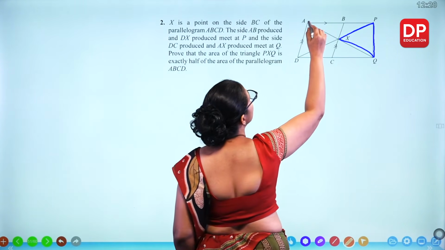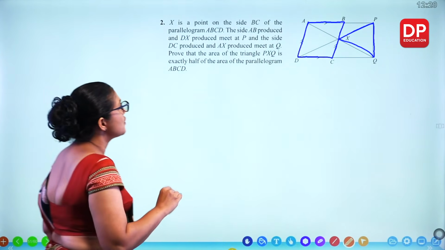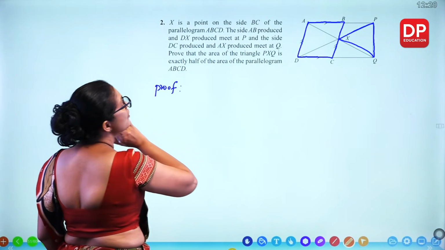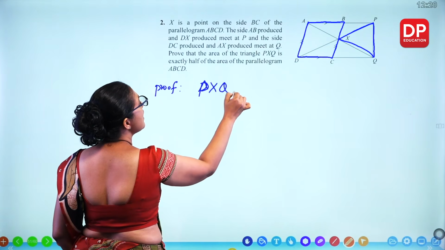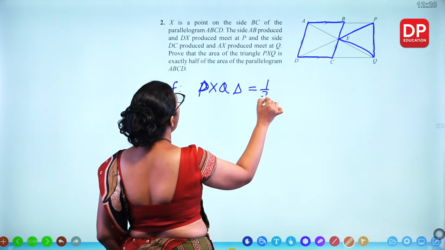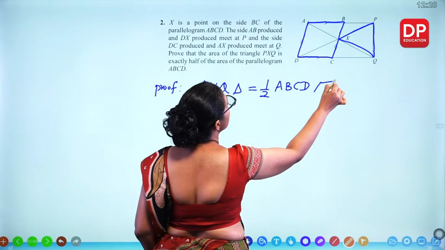This one. So, what do you need to prove? You need to prove PXQ triangle is equal to half of ABCD parallelogram.